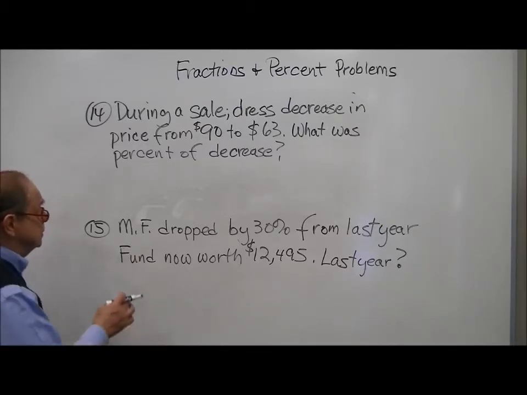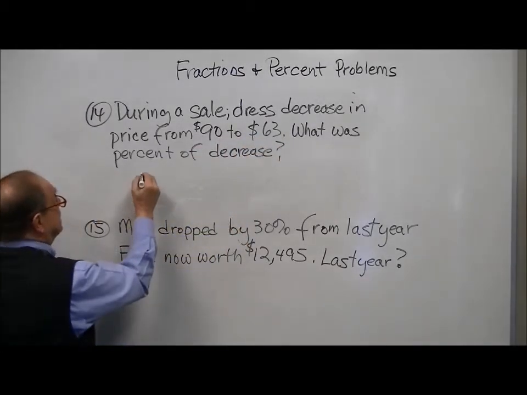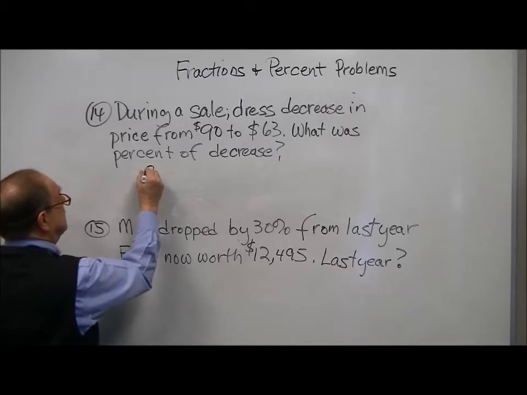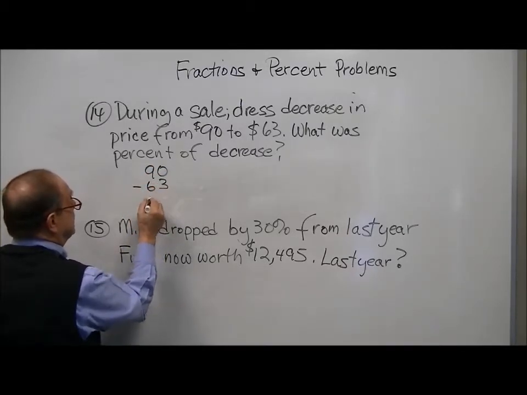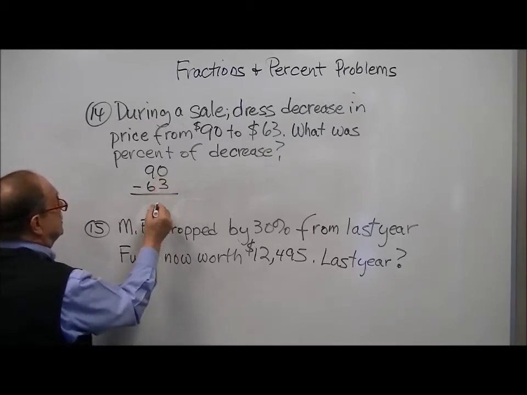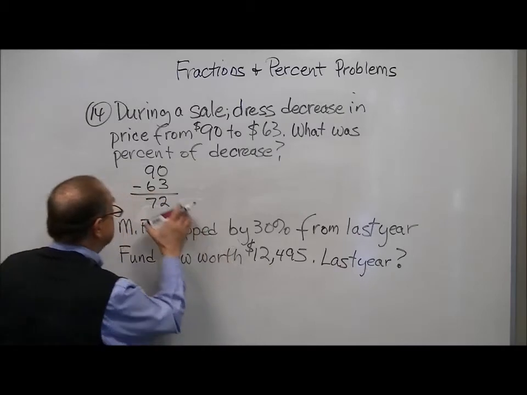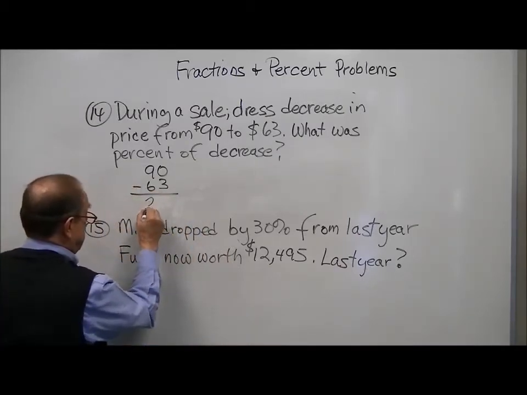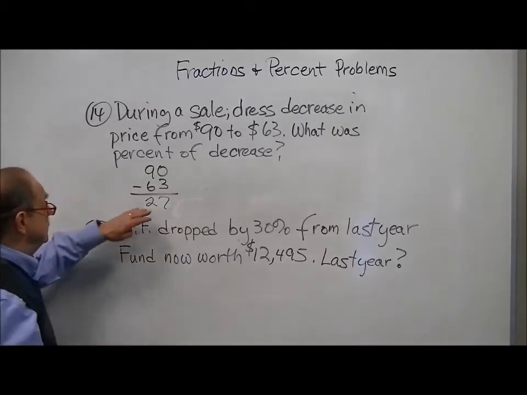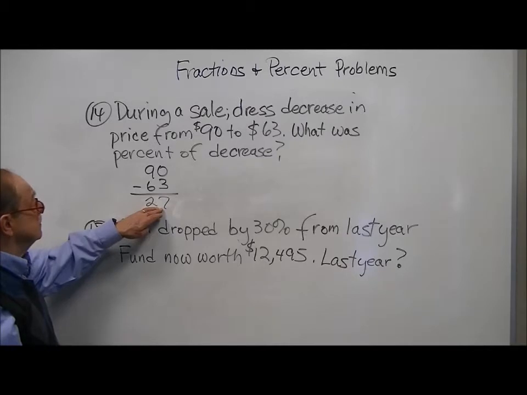And what you need to do is see the actual amount of difference. So you would do some preliminary, $90 minus 63 will give you 27. Let's see, put that right there. So it's a decrease in $27.